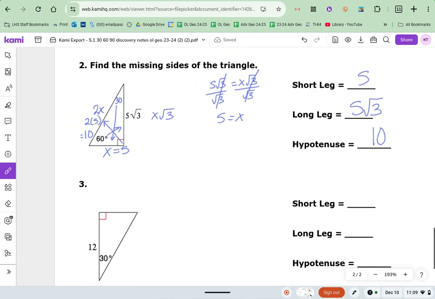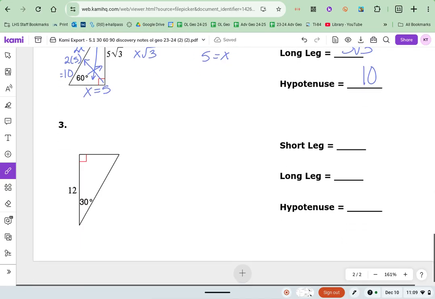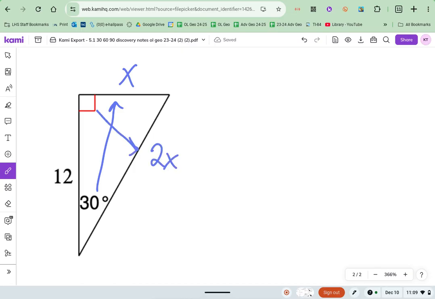All right. One more. And then I'll give you guys one to try on your own. So same thing, I'm going to start by just labeling the different pieces of my triangle. So across from 30 is x. Across from 90 is 2x. So my missing angle is 60 degrees.